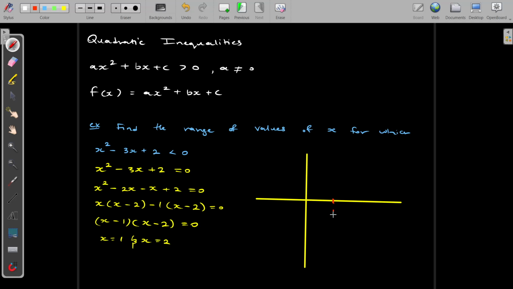So it would cut at 1 and it would cut at 2. We know that, right? And the value here, the c value, is our y-intercept.